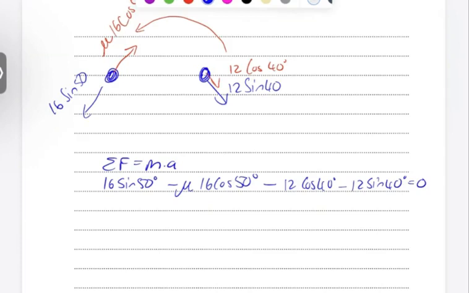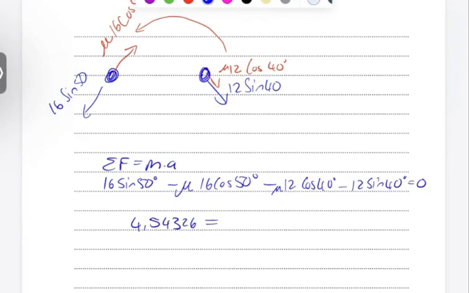Okay, so now I'm missing a mu somewhere. My mu cos 40 should be in here. Okay, so let's add up my mu's. I'm actually going to take my mu to my other side. So on this side, I've got 16 sine 50 minus 12 sine 40. Okay, and that gives me 4.543.